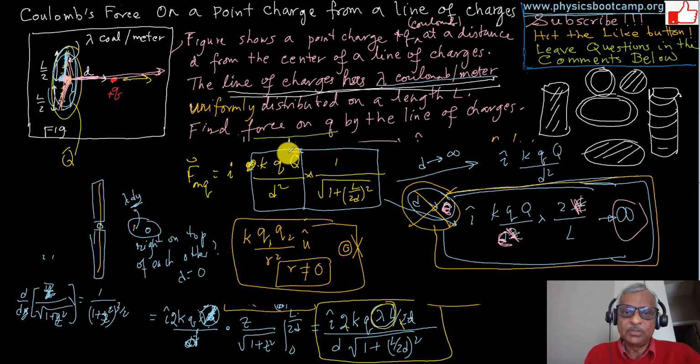Okay, so we did dq. Our strategy was to break this up into small pieces, and from a representative piece you figure out what the formula would be, and then you've got to do the integral.